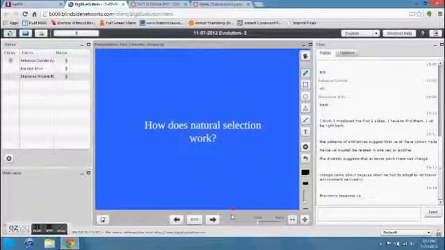There's variations that we have, and that will pass on to our children in generations beyond, and the ones that are better off. I don't know exactly how to say it.